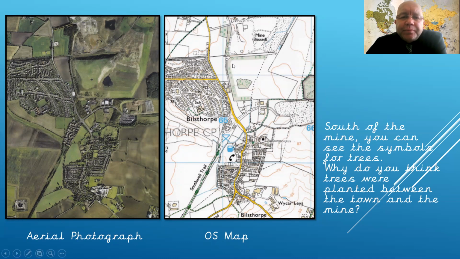Well, the reason was in part to create a visible shield, because the mine wouldn't have been a very attractive place to look at. It was important. It created jobs, so it needed to be there, but it wasn't very good looking. So to protect the view from the town, so they weren't looking at the mine, trees would have been planted as a visible screen.